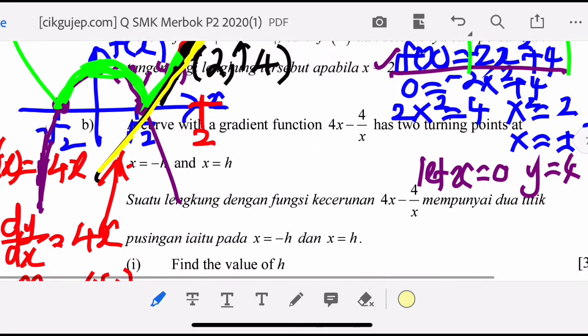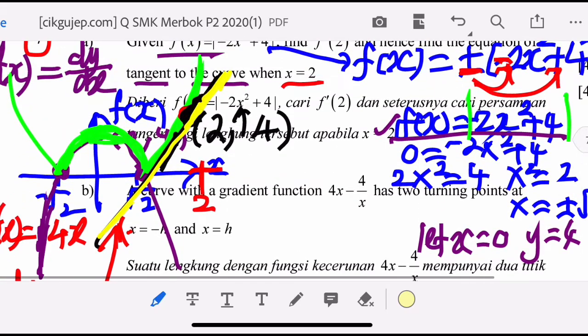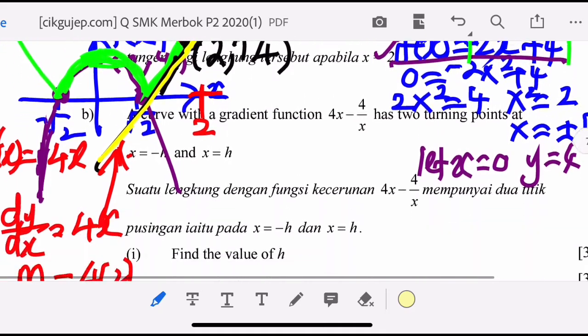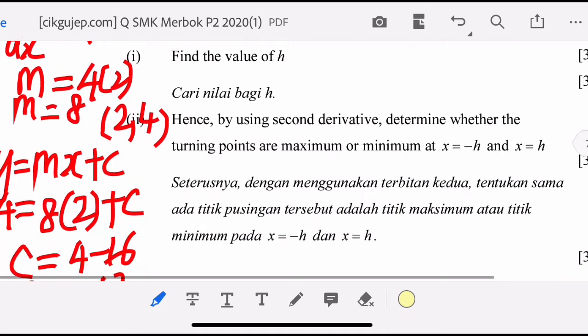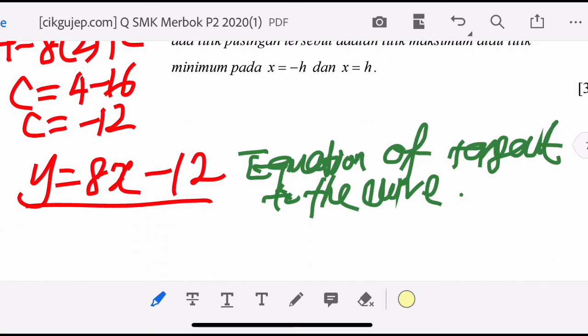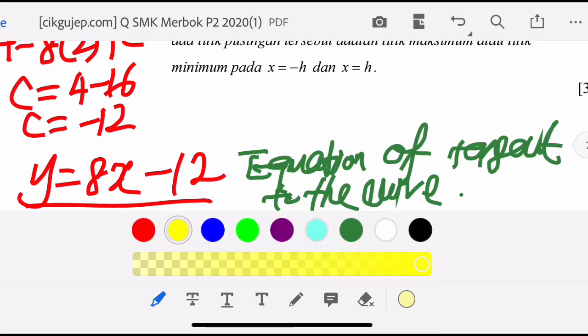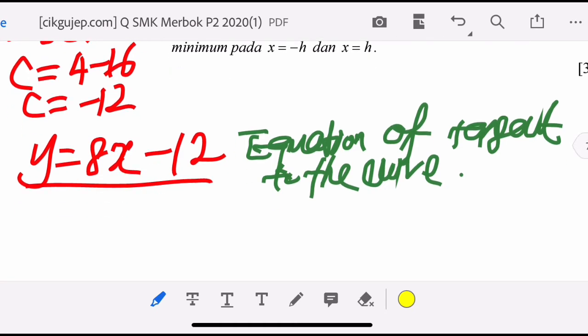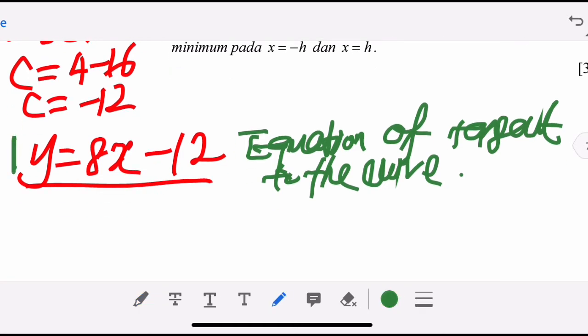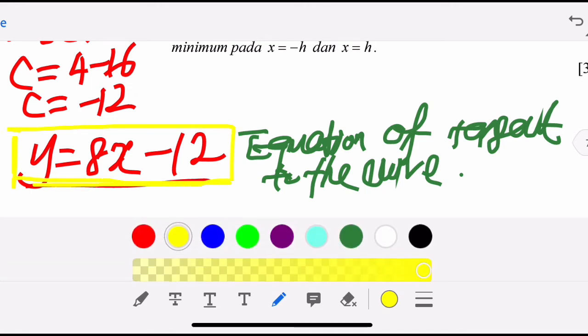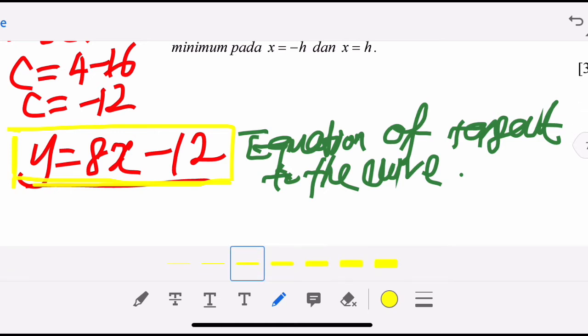Now the second part is at x equal to 2. This, the yellow line, is actually y equal to 8x minus 12. Clear? Understand? We have found the equation of the yellow line, which is represented by this equation, right? So settle equation of tangent. Now we proceed to the next one.